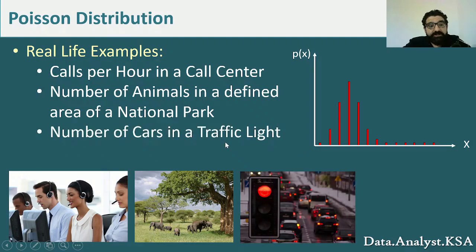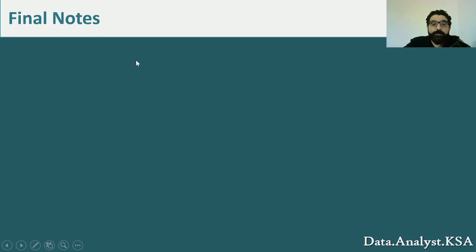Another example is the number of cars at a traffic light. The number of cars can virtually be 0 or 100 or 200 depending on how busy that street is, and I want to make a study to see if this number is increasing. Do I need to add a new lane to the street or the road? Such things can be measured with a Poisson distribution.